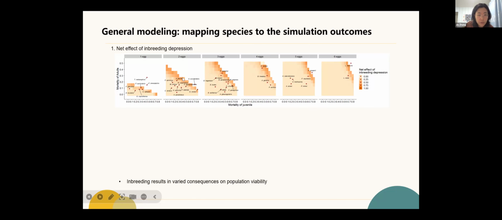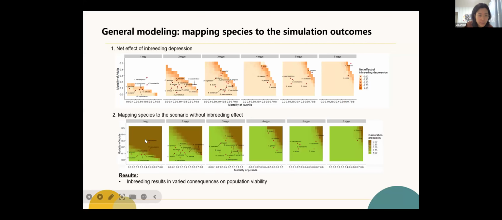And then we mapped all 42 species, according to their life history traits, onto this figure. Here is the original figure I showed in the last slide, without inbreeding effects. I will guide you a bit here, as we can see three scenarios.